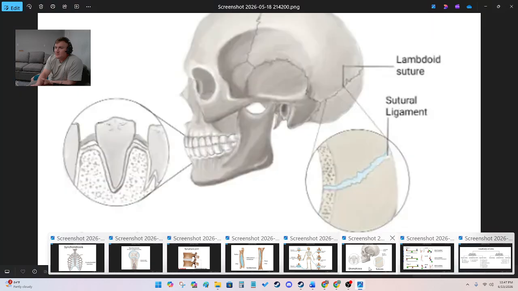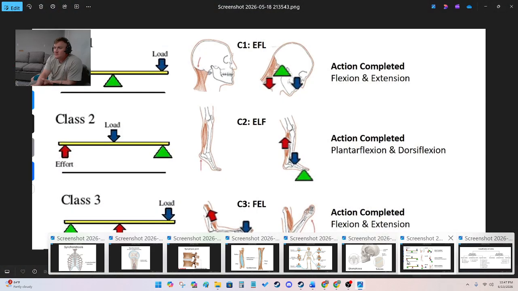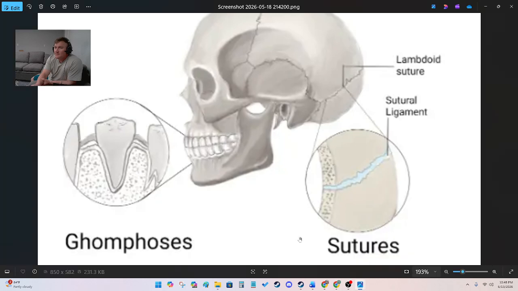So we're gonna go through fibrous joints and the gomphosis. Gomph is teeth. So it's the teeth. And then the sutures are in the skull. Now, did you know they have ligaments, sutural ligaments? There you go.